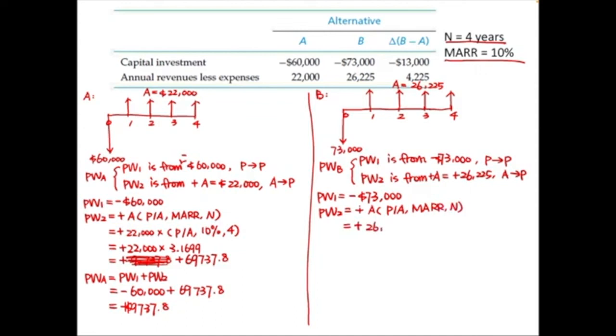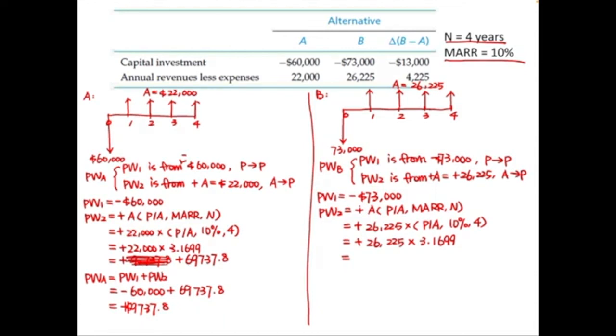Now the A is 26,225. The factor is P/A, 10%, 4. So 26,225 times what? Times the 3.1699. Okay.